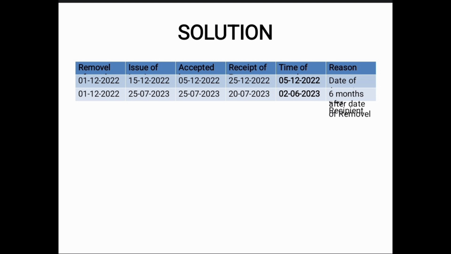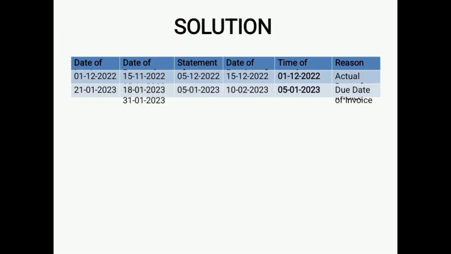We check whichever is the earlier date. Here the problem is that the earlier date is 1st December, but you have to consider 5th December, the accepted date. The removal happened on 1st December, but we accepted on 5th December, so that is the statement date.